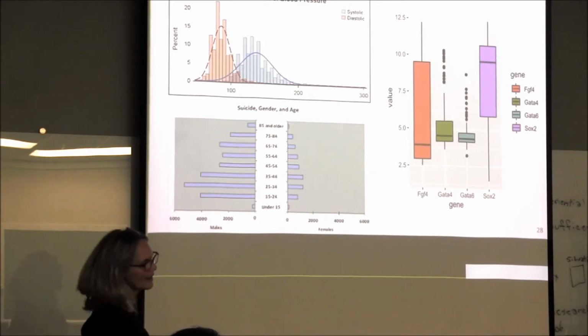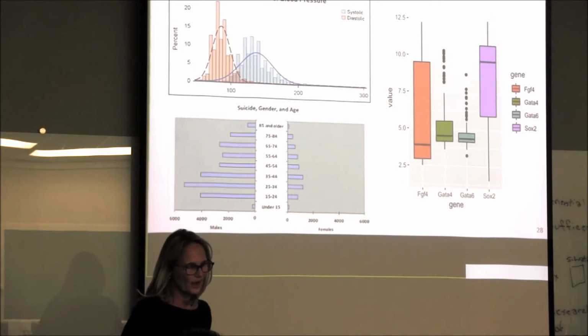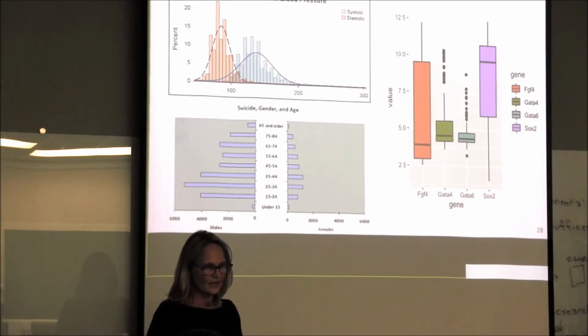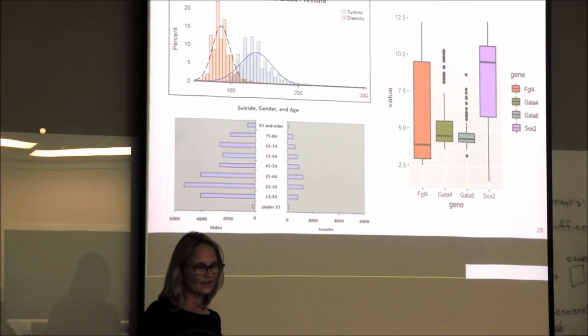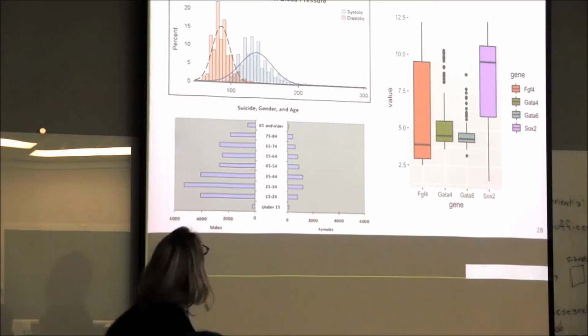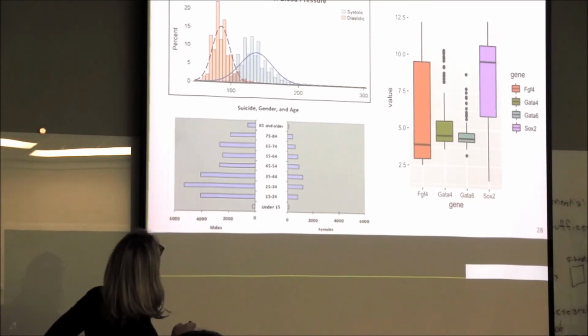Now we have our figures, right? These are examples of graphs that are commonly used in data analyses. So in the upper left, we have histograms depicting a continuous outcome.